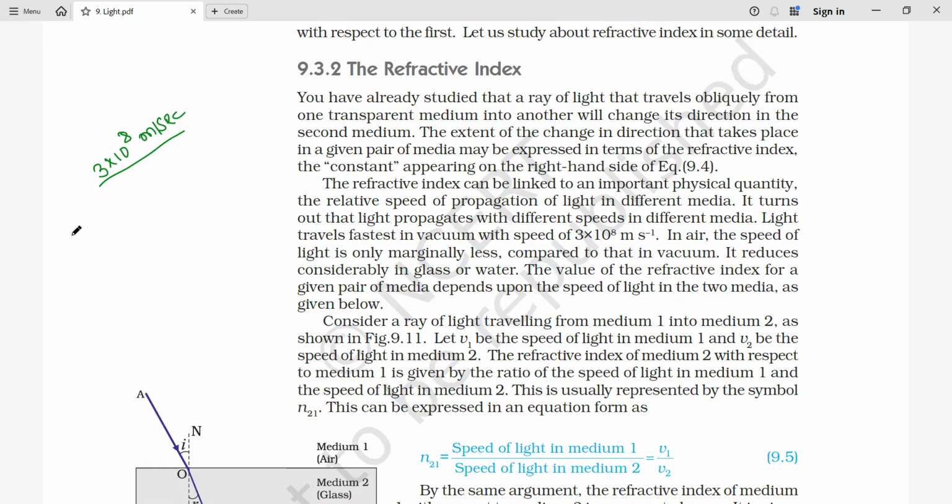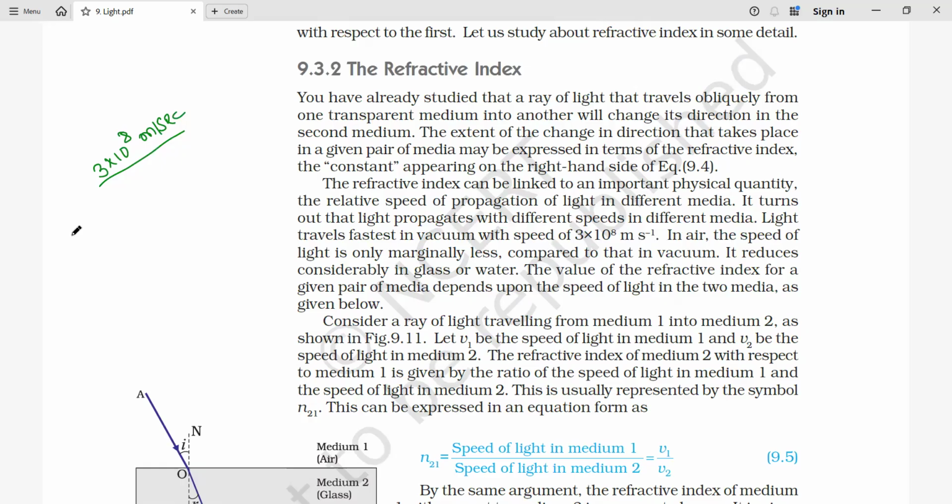So the refractive index is the ratio of the speed of light in one medium to the speed of light in another medium. When we find the refractive index, we compare with air as the reference medium, since generally we are not able to get vacuum everywhere. So air is taken as the reference medium, and another medium like glass or water is medium 2.